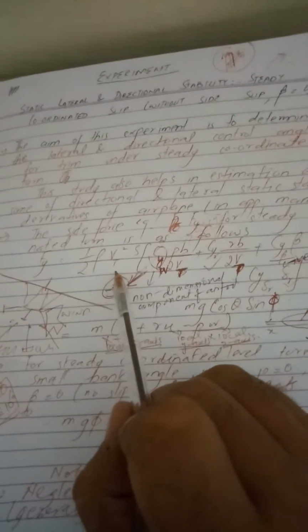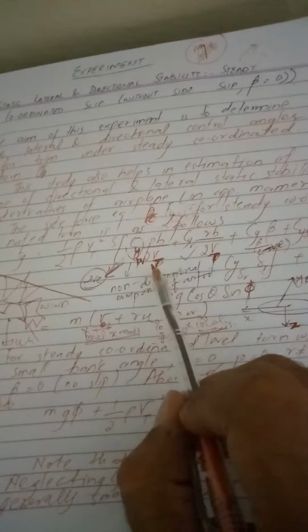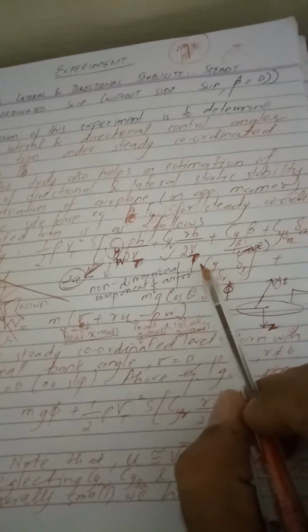But right now, you can see Fy is equal to half rho V turn squared S, where V turn is the velocity because of the turn, times Cy p of wing, Pb over 2V turn, plus Cy r, Rb over 2V turn, that is r by rudder, plus Cy beta times beta, plus Cy lambda a times lambda a, plus Cy lambda r times lambda r, that is because of the rudder. And this is the whole equation.